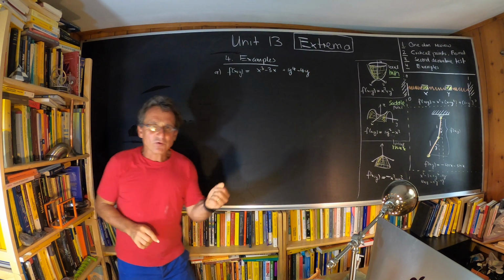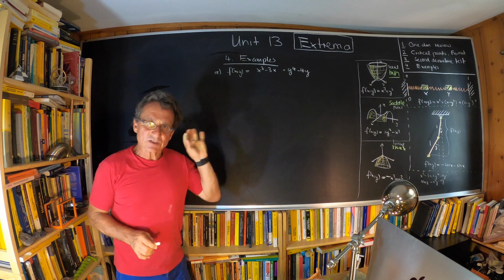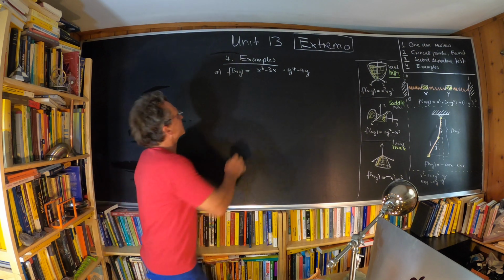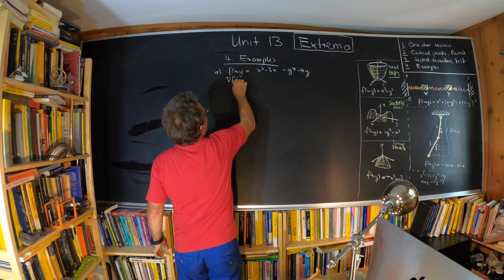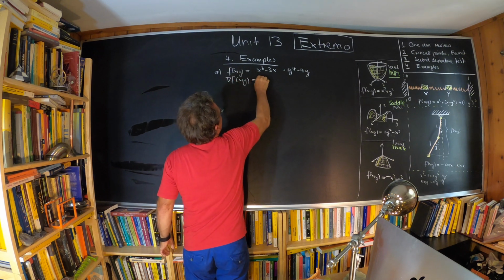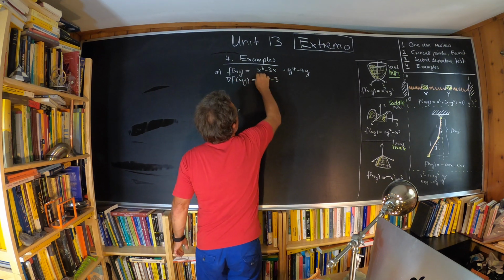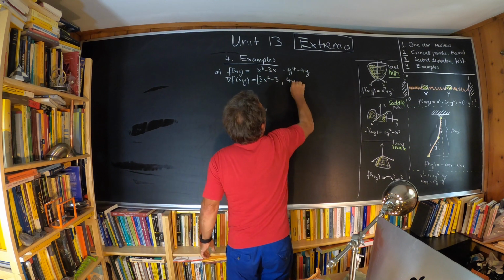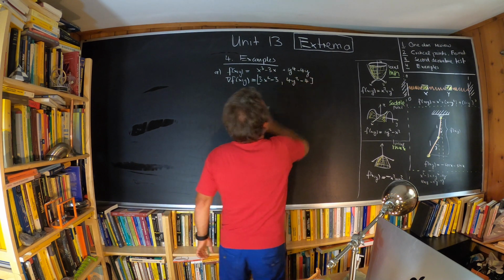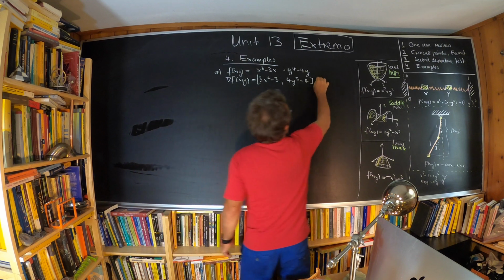So the first thing we do is compute the critical points. So we have to take the gradient and see where it is 0. The gradient of f(x,y) is (3x squared minus 3, 4y cubed minus 4), and we have to put that equal to (0, 0).